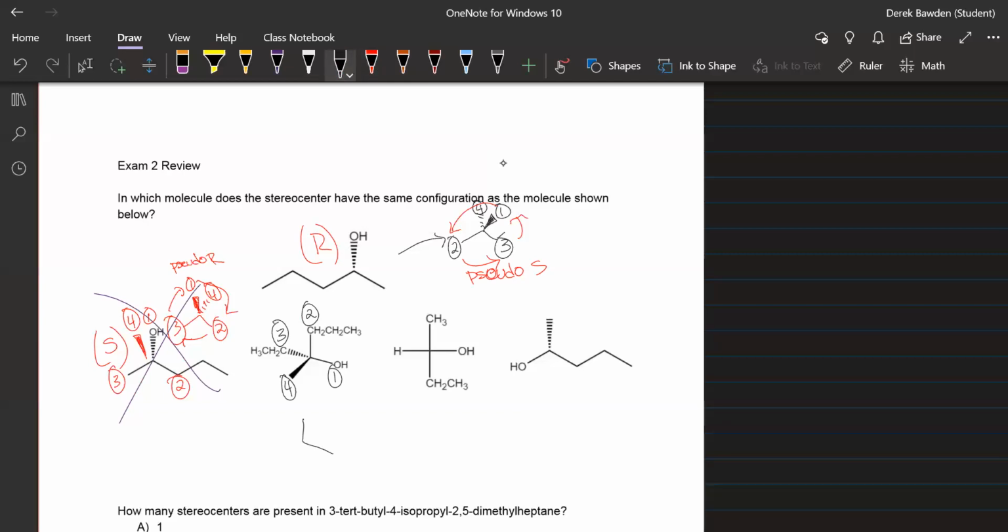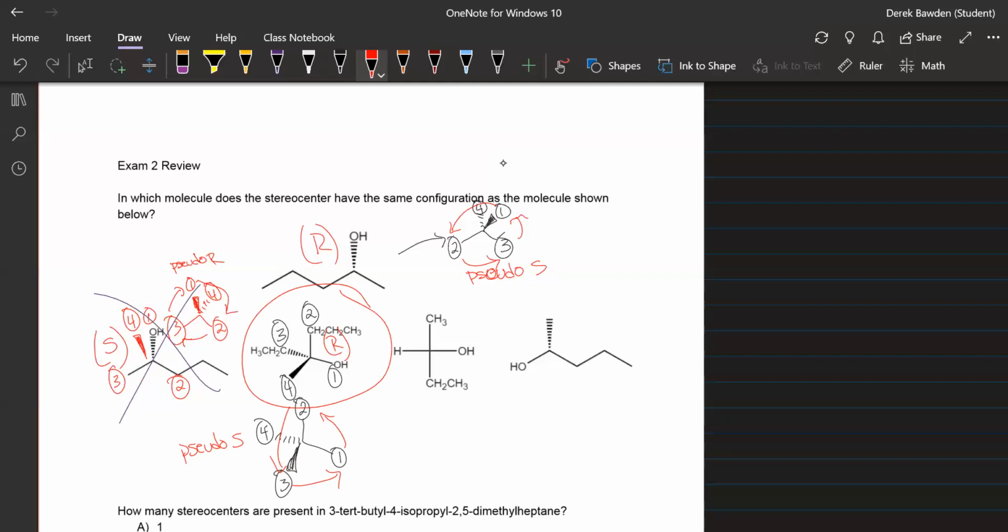So we'll redraw it down here. Put our 4 on dash. Swap it with our 3. Okay. So this is going counterclockwise, which means pseudo S, right? And that means our original is R. So this one checks out.